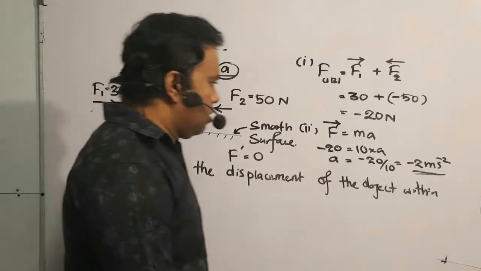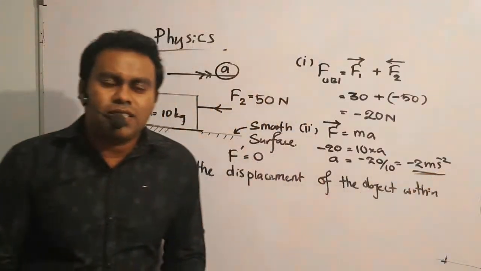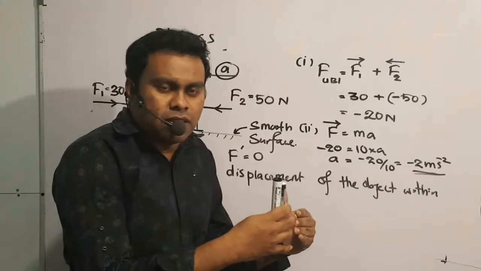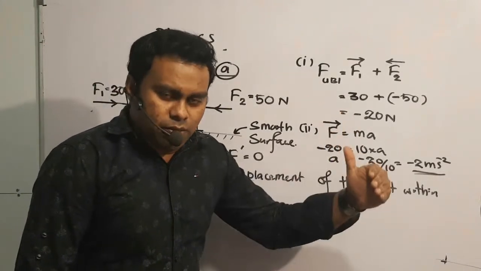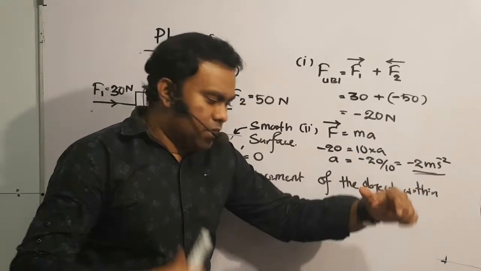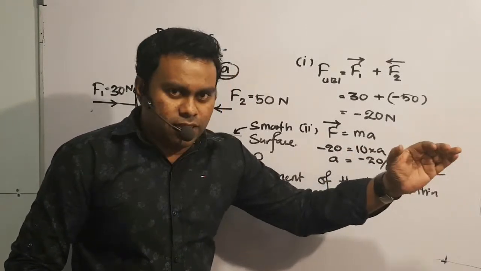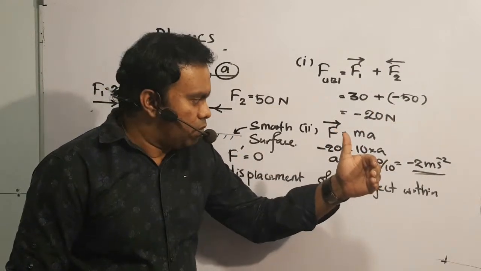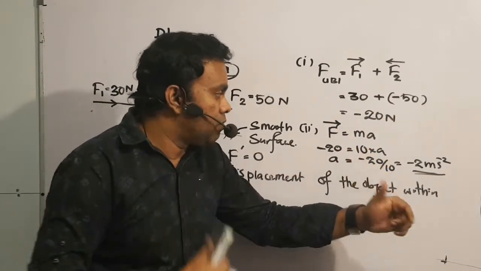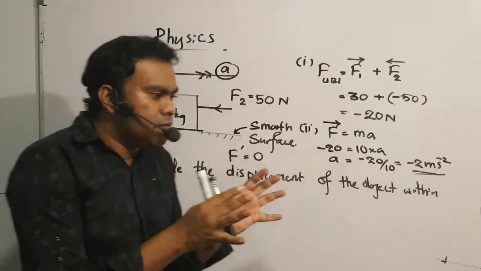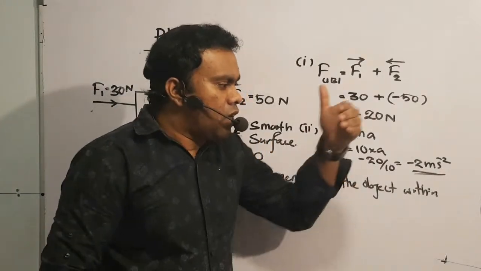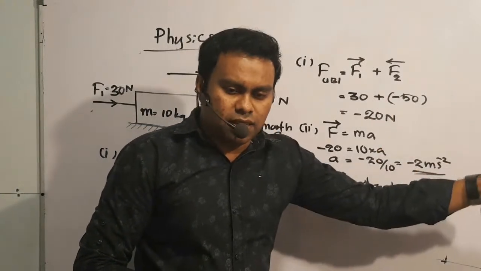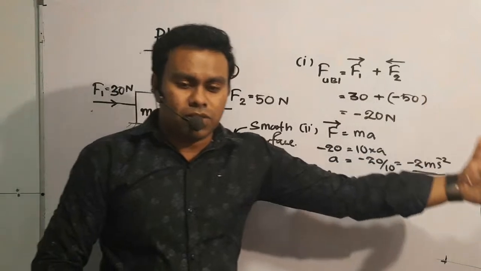What's the meaning of this minus 2 meters per second squared? It means the object increases its velocity in the negative direction, second by second. Or if you consider there's an initial velocity, the velocity decreases in the positive direction by 2 meters per second each second.